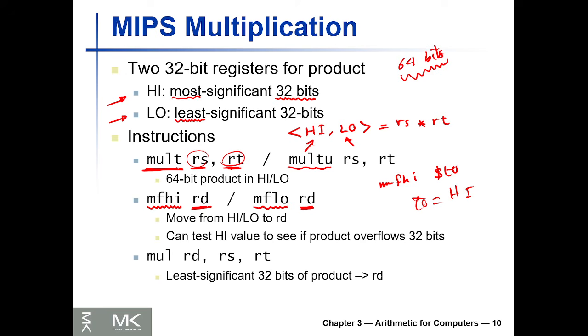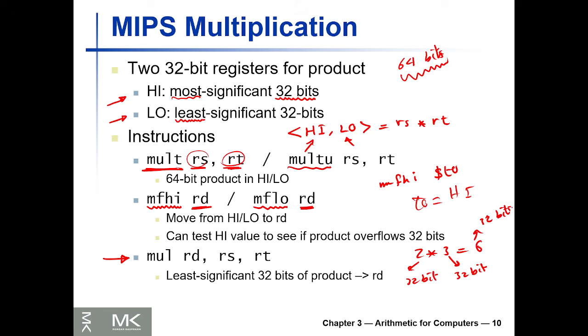If you are sure that the output will be less than or equal to 32 bits, then there is another instruction called mul. For example, 2 multiplied by 3. 2 can be expressed in 32 bits, 3 can also be expressed in 32 bits, and the result 6 can also be expressed in 32 bits.